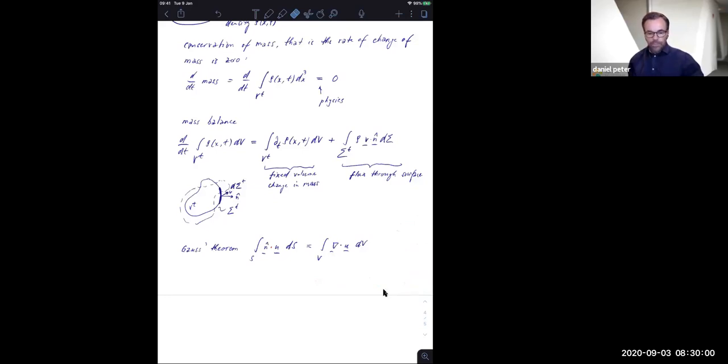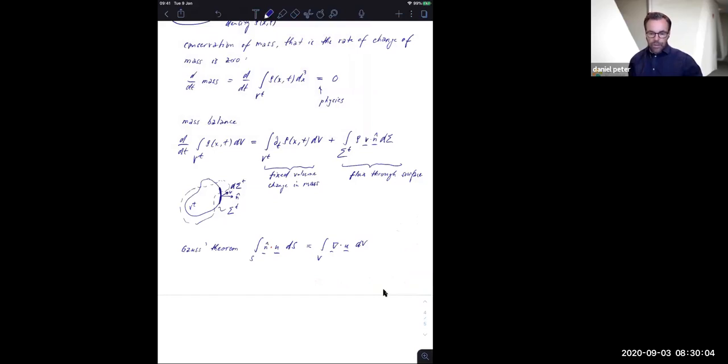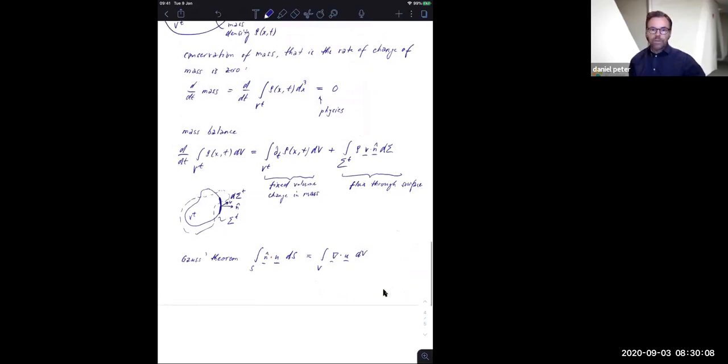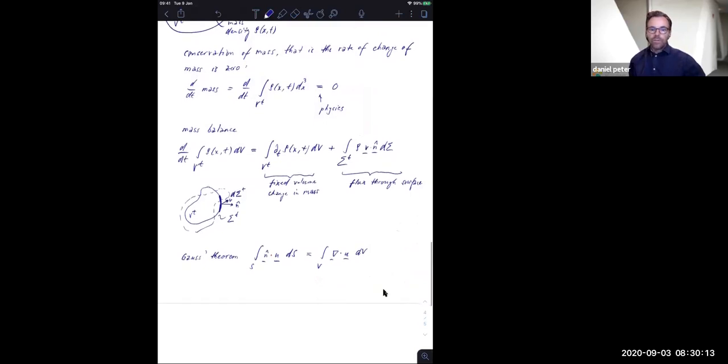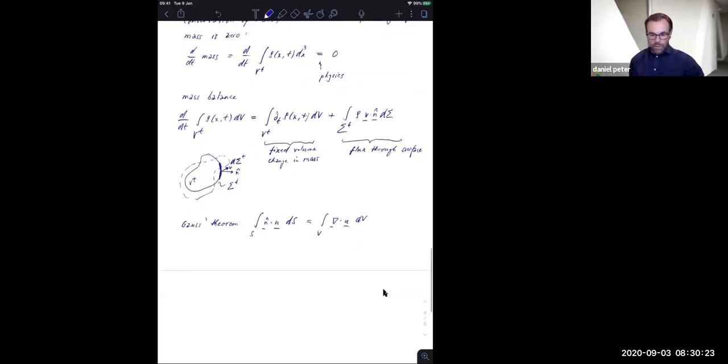Okay. So let's come back to our two expressions here on top, where we have the volume integral and the surface integral. And you see what we're going to do is, instead of the surface integral, we rewrite it using Gauss theorem, the divergence theorem. So let's do that.